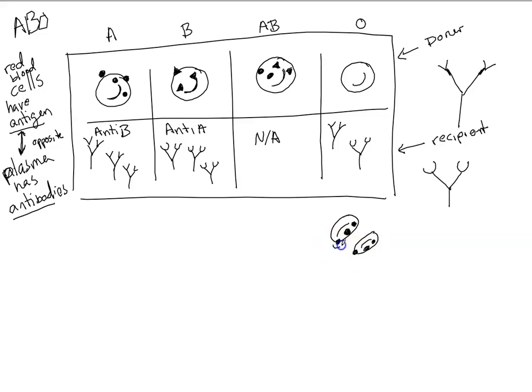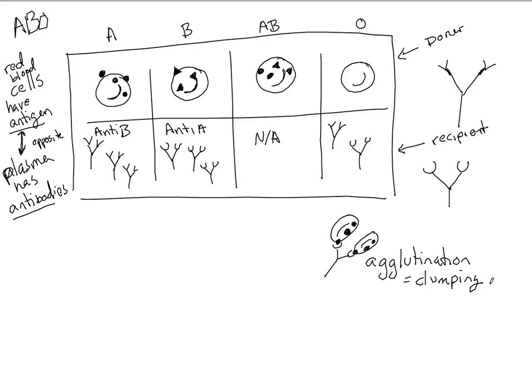And here's the anti-A antibody that found them. It binds to this surface antigen and this surface antigen, and it holds them together. And this is happening at a very, very large scale, and it's happening very, very quickly. And what happens is called agglutination, which means the red blood cells are clumping.